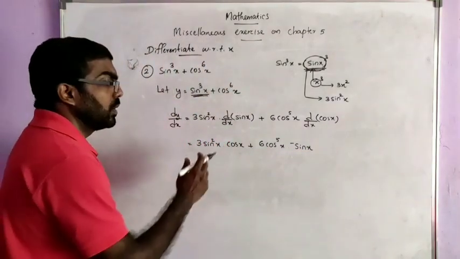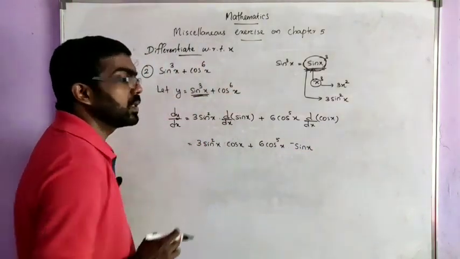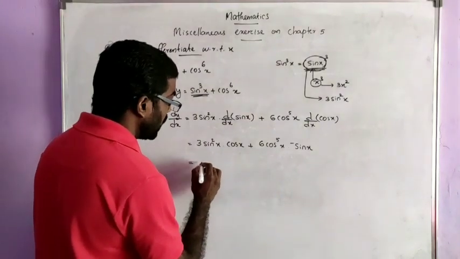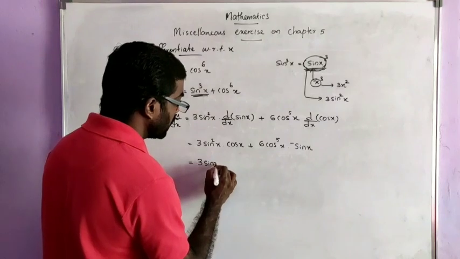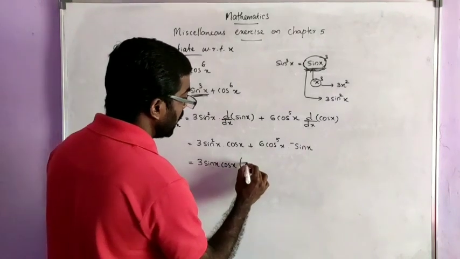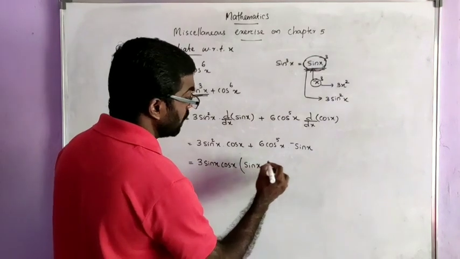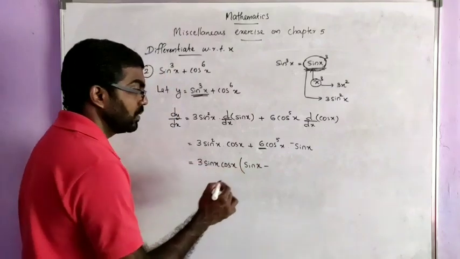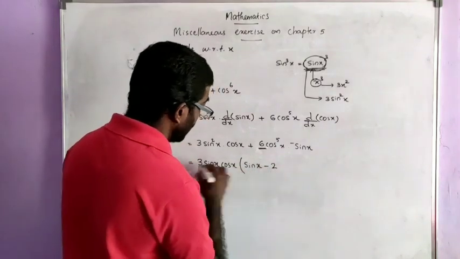Understood? So in both the terms 3 sin x cos x is common, that we can take out. So this can be written as 3 sin x cos x into, here one sin x remains, so sin x, then here one minus sin, from 6 we take 3 out, so the remaining is 2, 3 twos are 6.